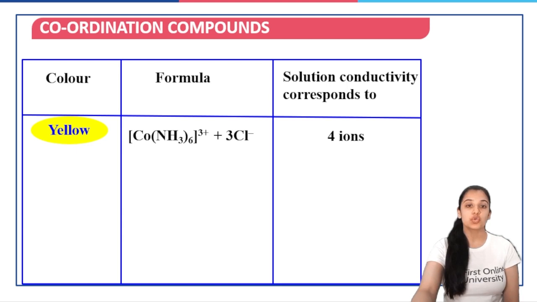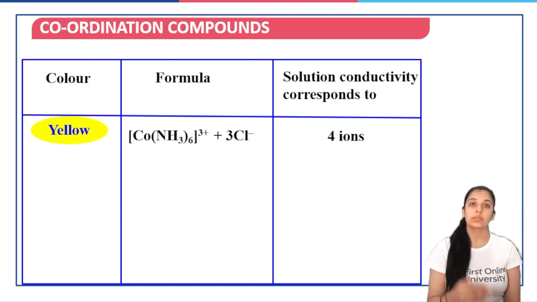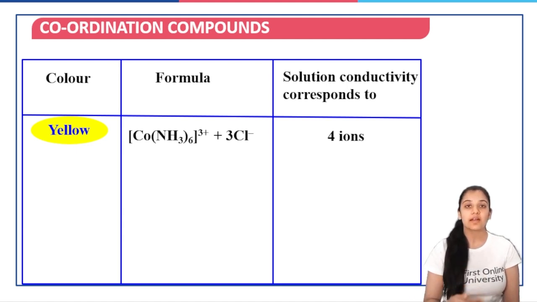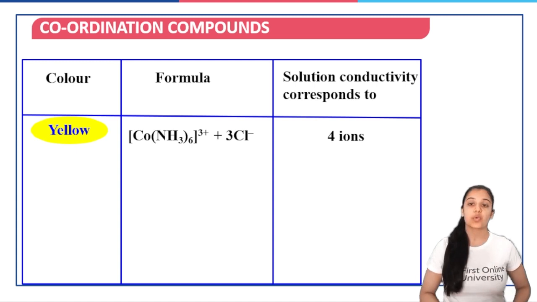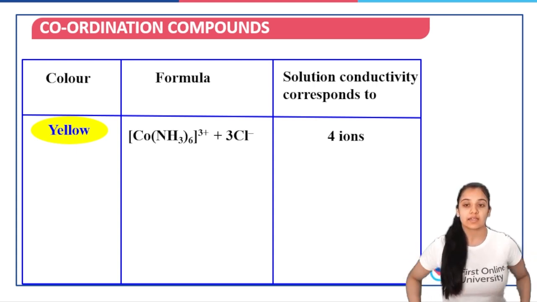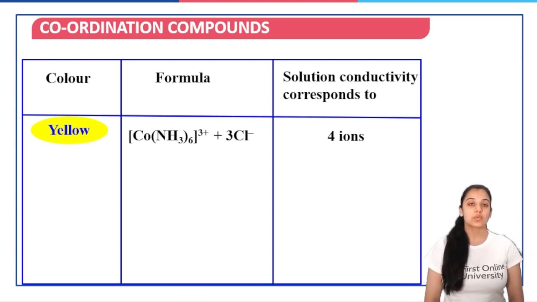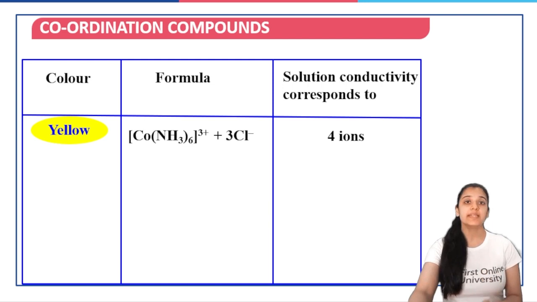And for solution conductivity, we know that with the increase in the number of ions, the conductivity also increases. Therefore, the number of ions is 4, so it is obviously going to have higher conductivity as compared to others which will have 3, 2, 1 or 0 ions in solution. So remember the colors, these are very, very important.